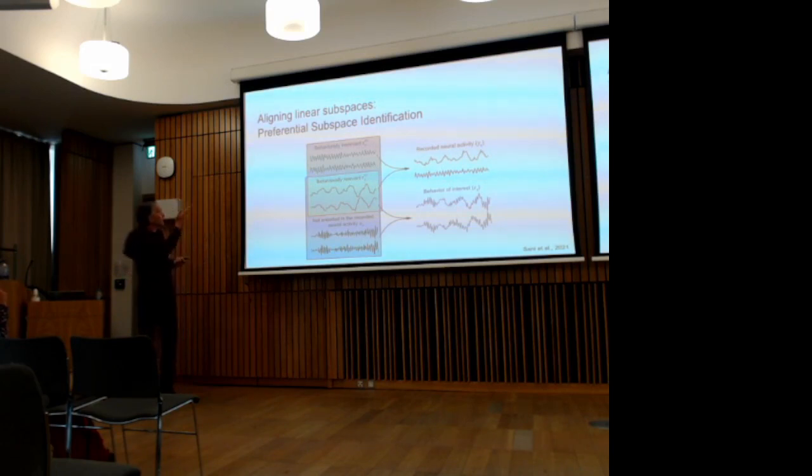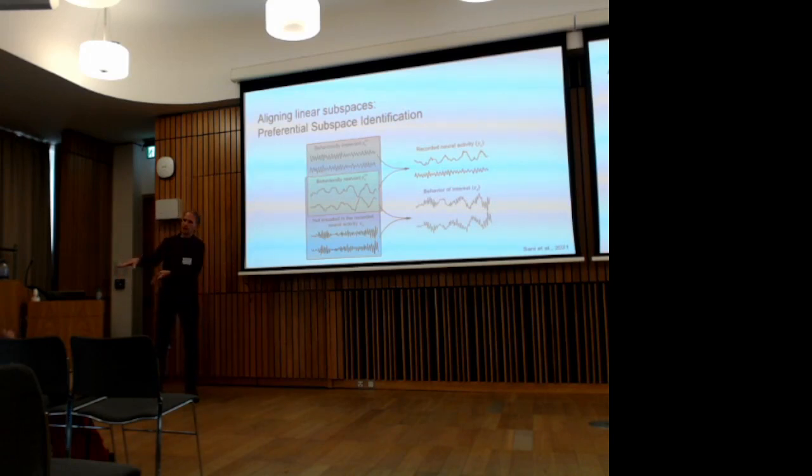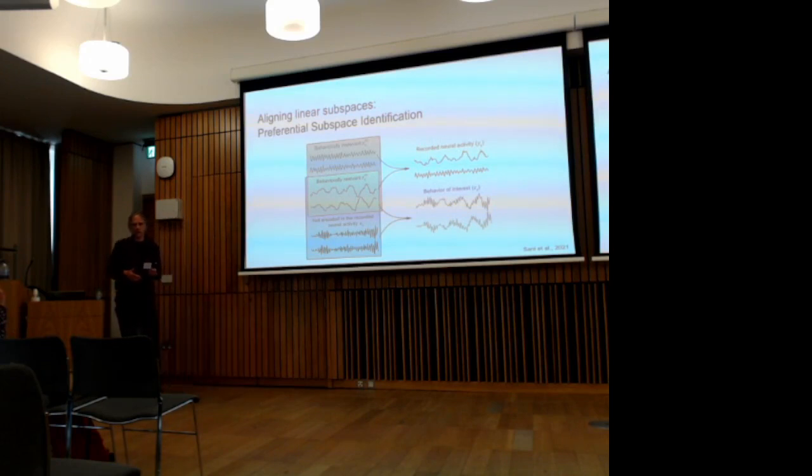Now this model, preferential subspace identification, PSID, it's called, is a purely linear approach which tries to identify a good projection of the original data into this relevant subspace, and then it just applies Kalman filters basically. I mean, the paper has a dynamical system in it as well, but at least we found it doesn't do anything.